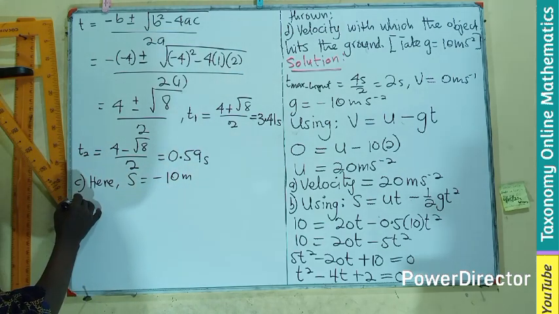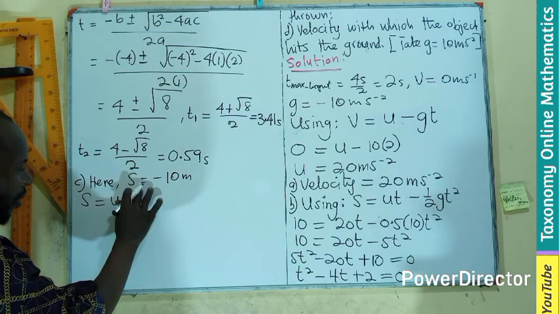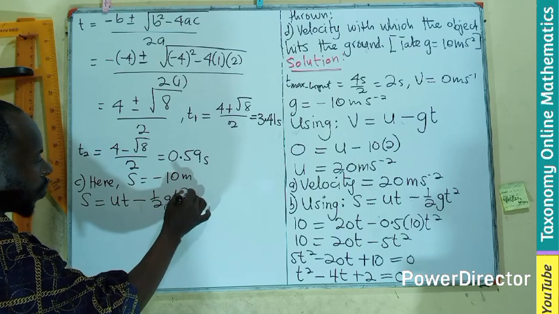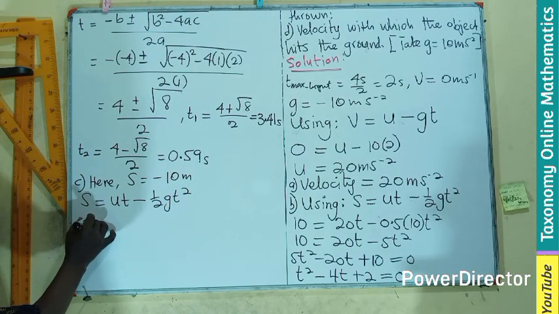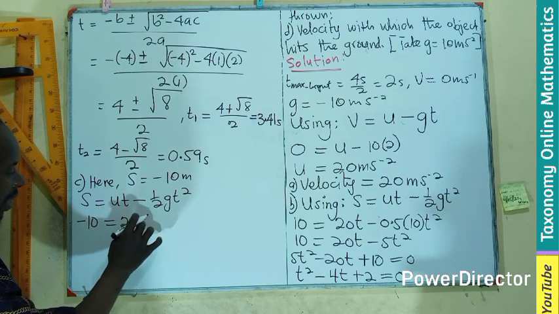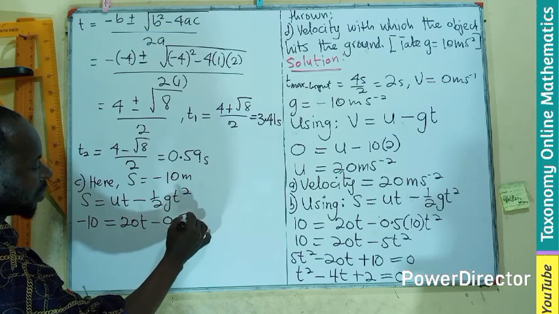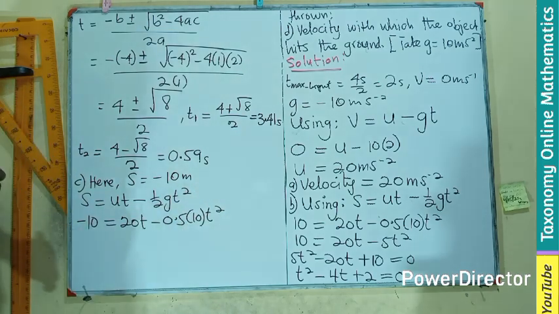So here we can say that your distance is going to be negative 10 meters. So using s equals ut, in this case negative half gt squared. If I do substitution, it will be negative 10 equals 20 times the time. We are still looking for the time. So t minus 0.5 times 10 gravity, then t squared.